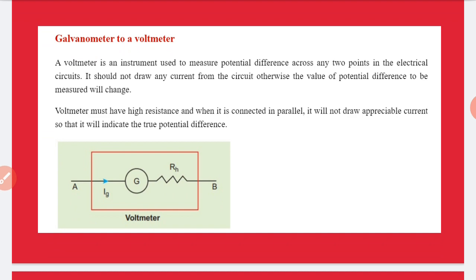Now conversion of galvanometer to a voltmeter. First of all, you should know about the voltmeter. A voltmeter is an instrument used to measure potential difference across any two points in the electrical circuit.